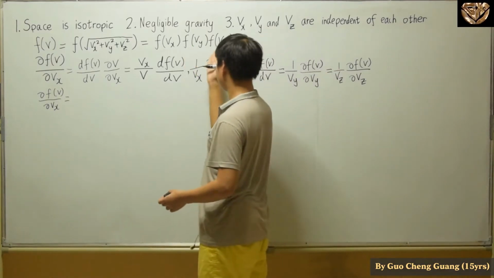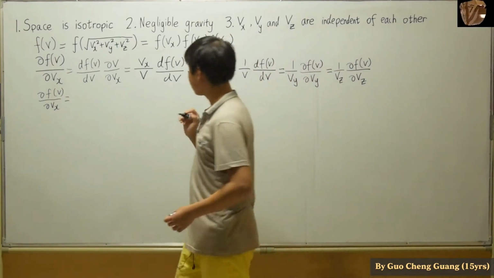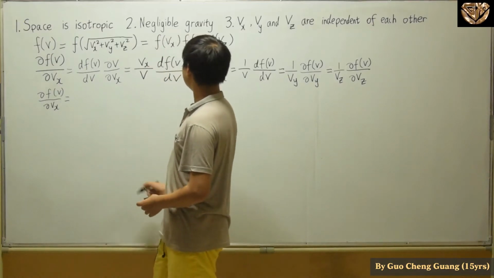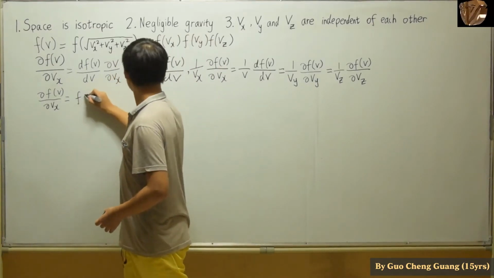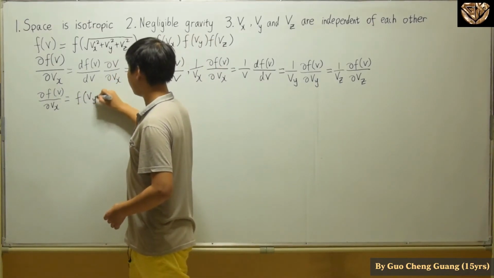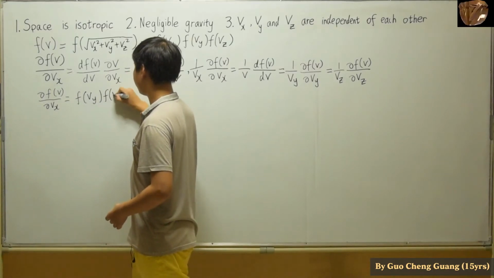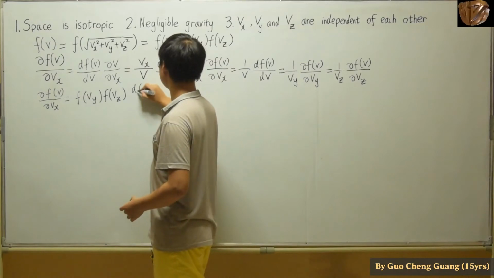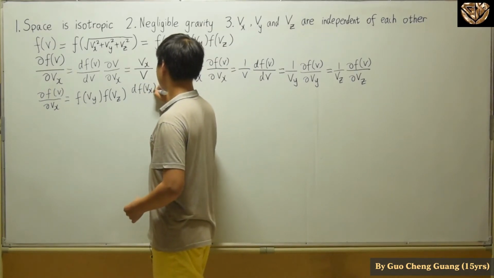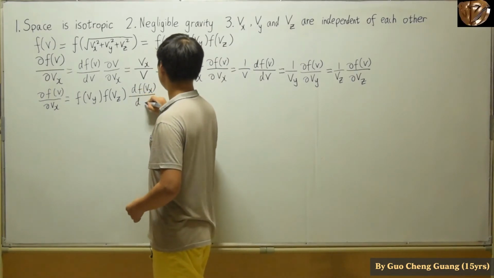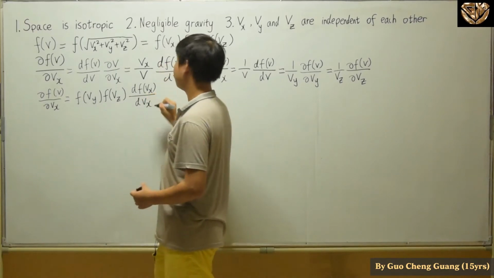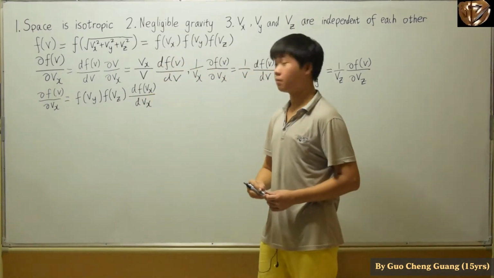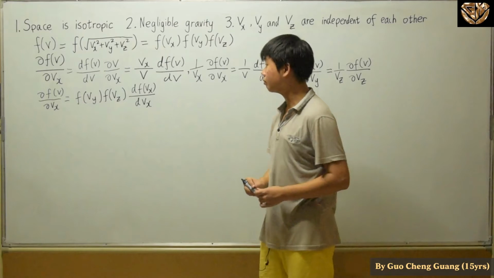So these two parts behind, you're just going to take as a coefficient. So it is just going to be f(vy) f(vz) and df(vx) dvx. So this is the part that you are going to see.